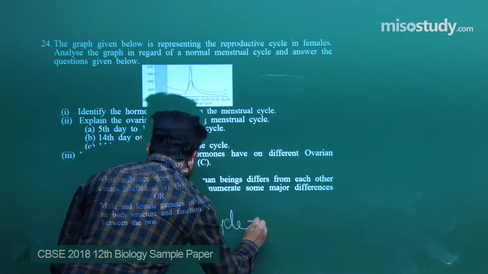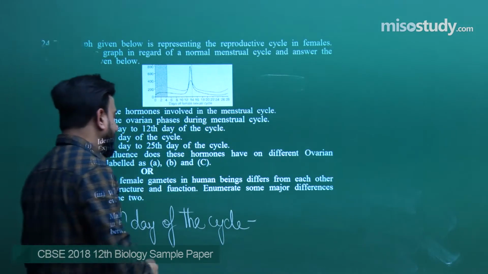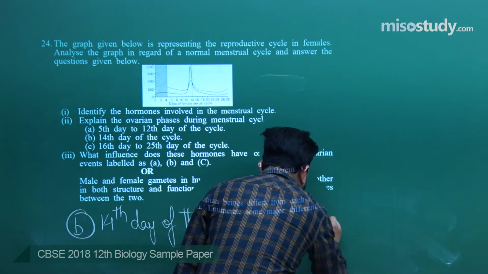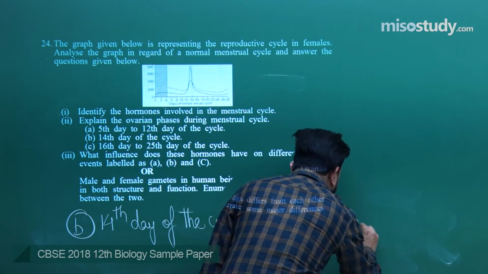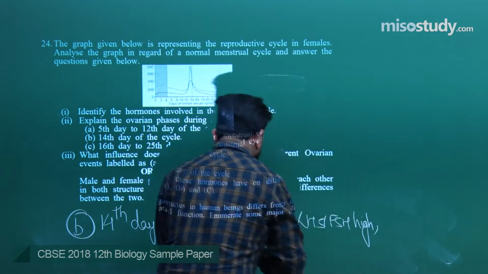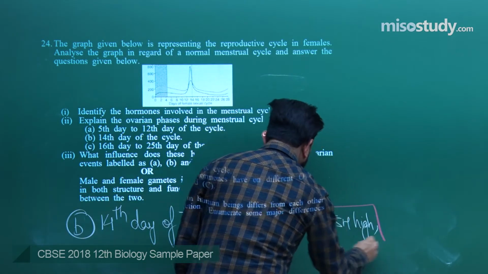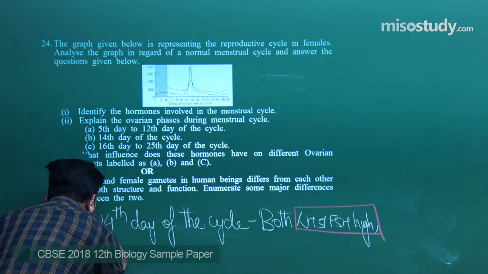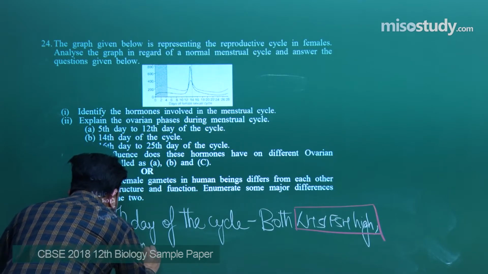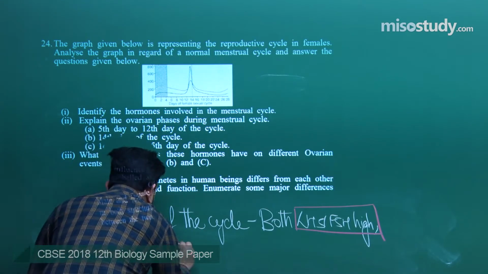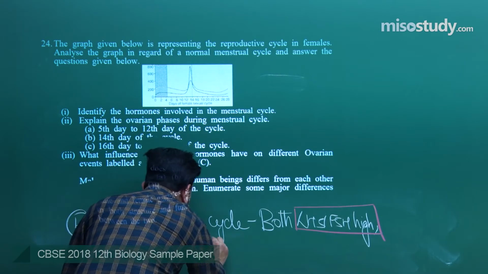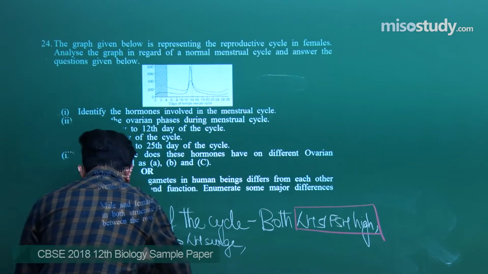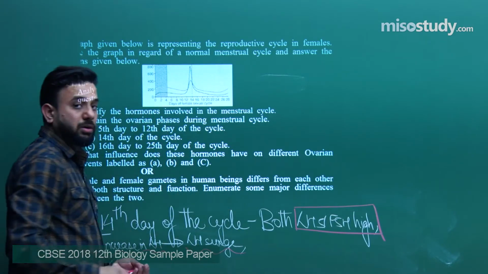Please rub what you have written. On the 14th day of the cycle, what is happening? Both LH and FSH are high, and the increase in LH is called the LH surge, right?